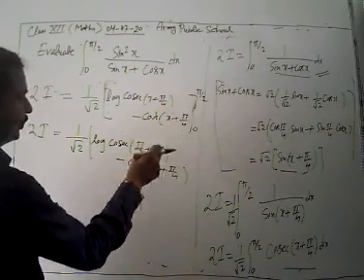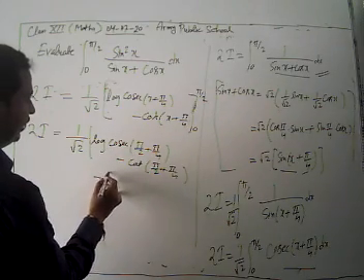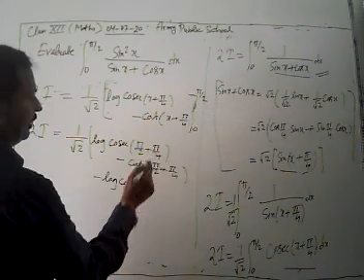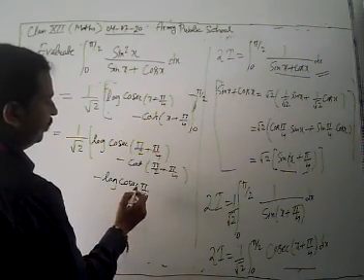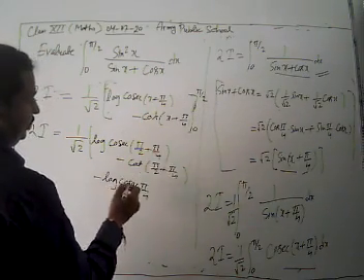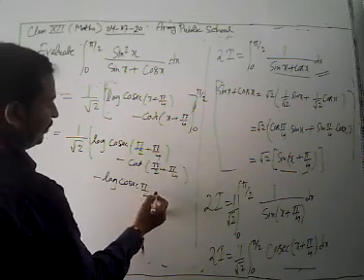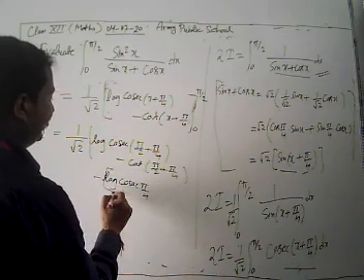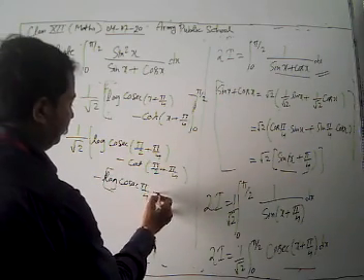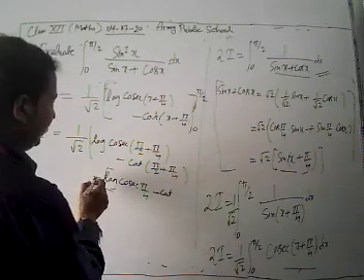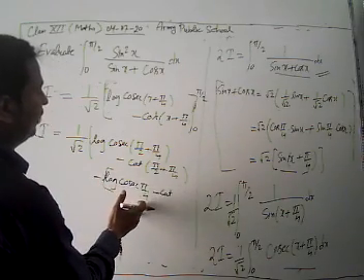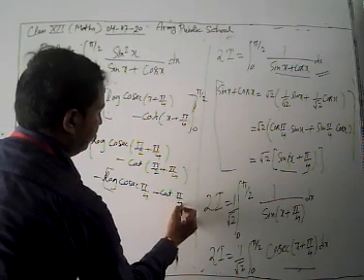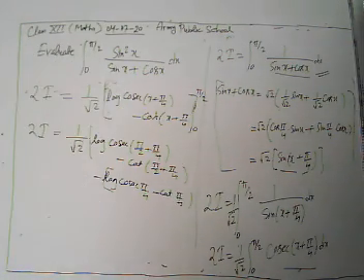Then we put our lower limit 0: minus log cosec of pi by 4, and taking the minus signs, minus cot pi by 4.